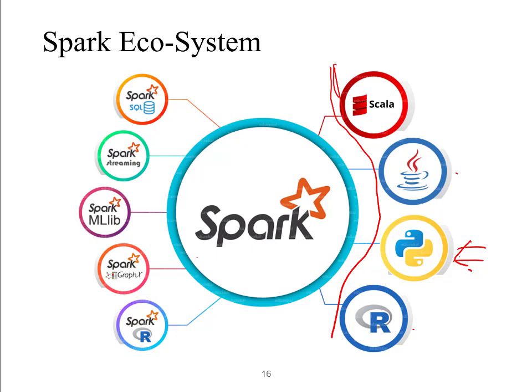First of all, we have the Spark core here. This is the base engine for large-scale, parallel, and distributed data processing. It is responsible for memory management and fault recovery, scheduling, distributing and monitoring jobs on a cluster, and interacting with storage systems.